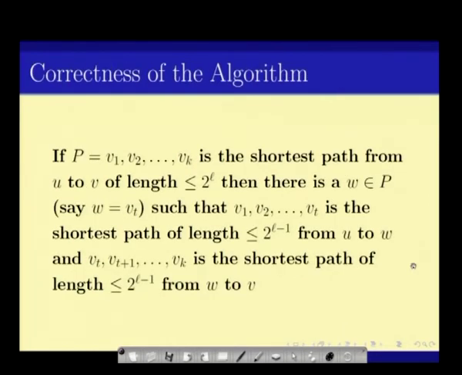So, correctness is exactly as we defined: to go between two vertices with length 2 to the power L, you can go for length 2 to the power L minus 1 to an intermediate vertex, and from the intermediate vertex to V using again 2 to the power L minus 1 steps.